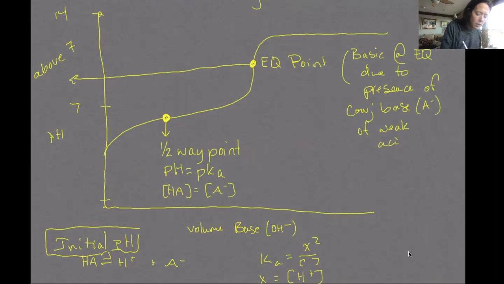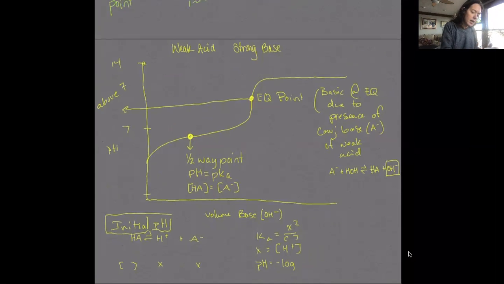All right, and A will be in the water and find equilibrium to make HA and OH negative. And that right there is why you're basic. So if you see a curve that has an equivalence point that is above 7, then you know that you have a weak acid and a strong base, okay?